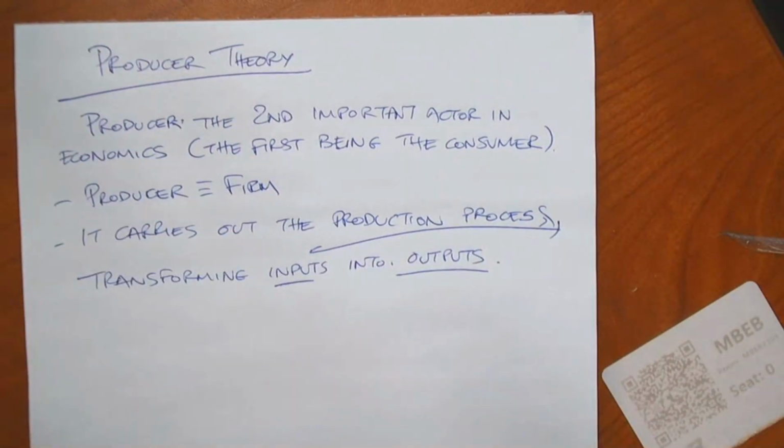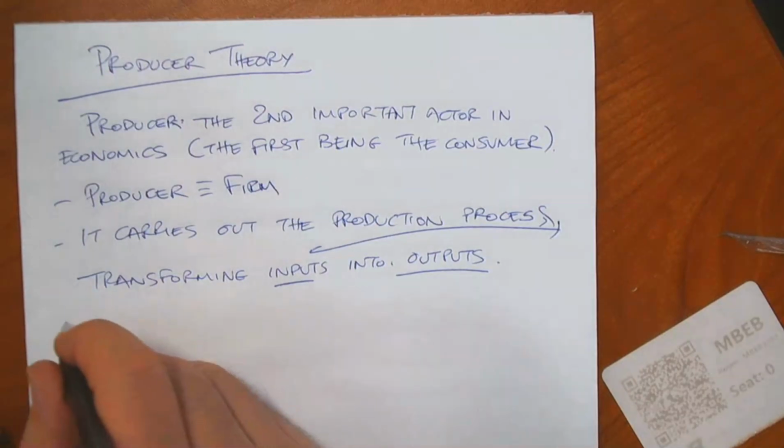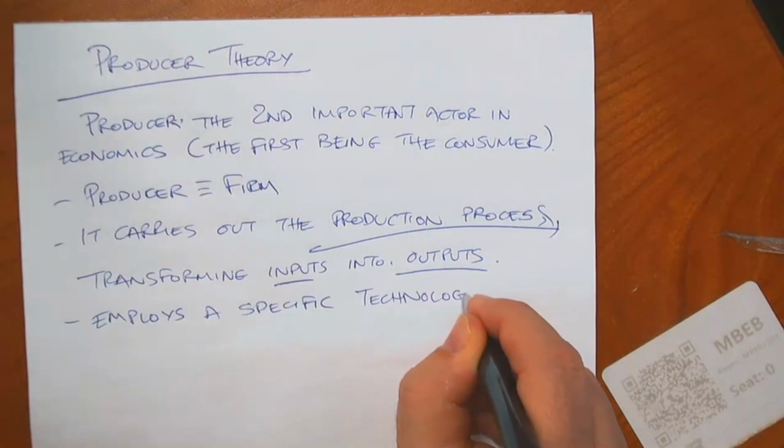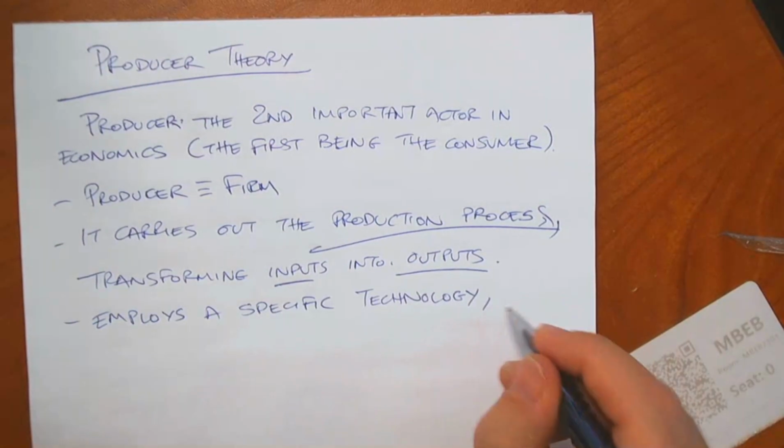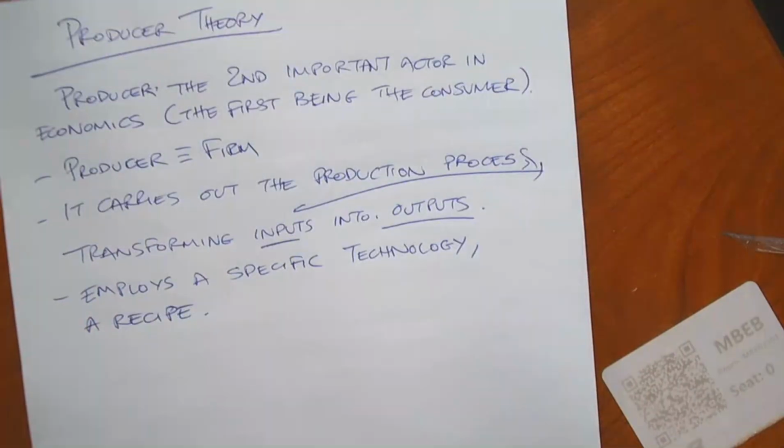To do this, the firm employs a certain technology, as we're going to call it. I like to call this a recipe as a different way of thinking about this, because in many cases technology shows up inside this recipe. So it's a combination. The production function involves the technology and the different levels of labor and capital.